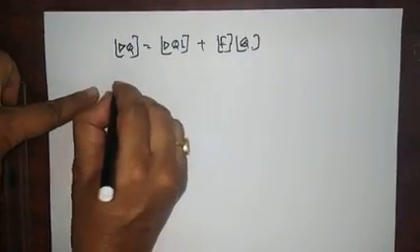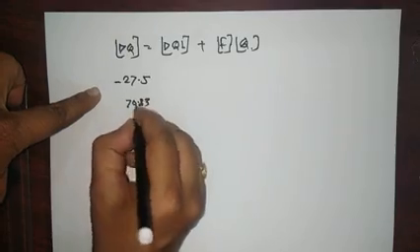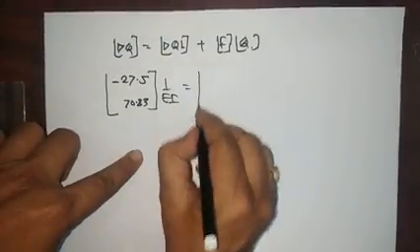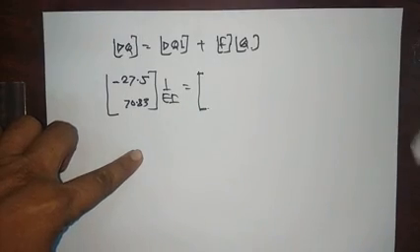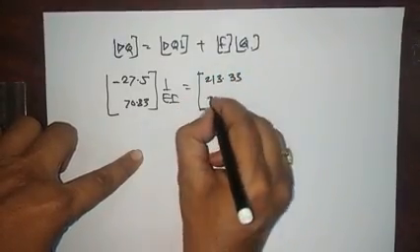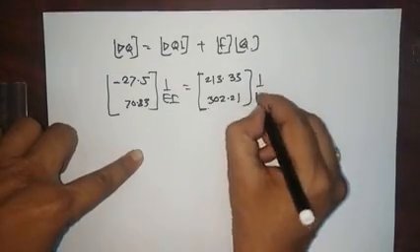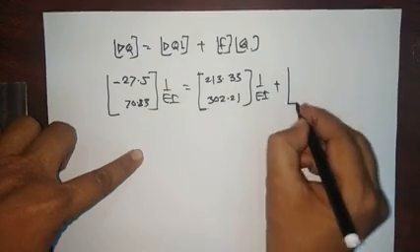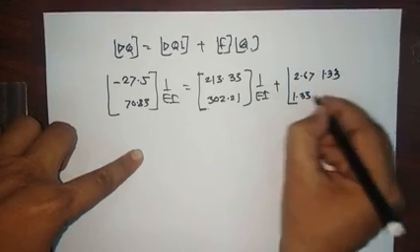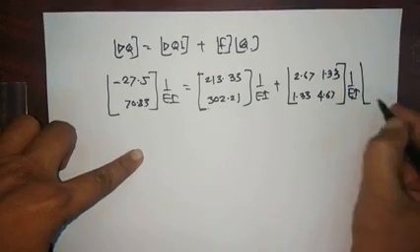So dq is minus 27.5 and 70.83, 1 upon EI, is equal to, here the DQL matrix that is already 213.33 and 302.21, 1 upon EI, then plus the F matrix 2.67, 1.33, 1.33 and 4.67, 1 upon EI.